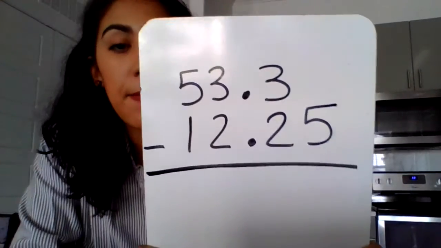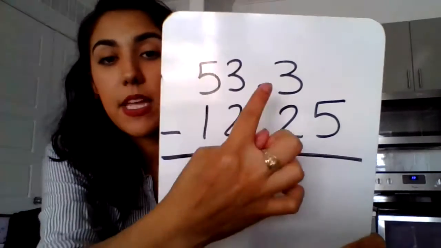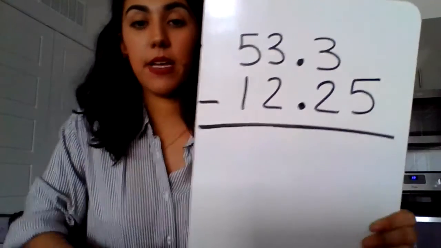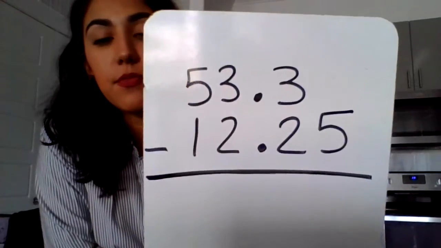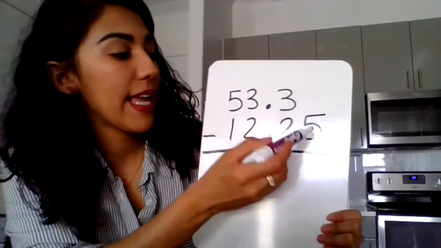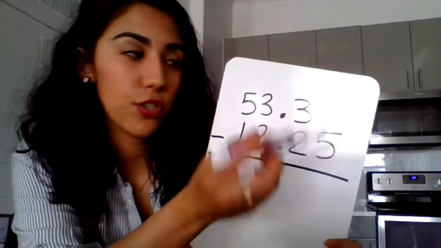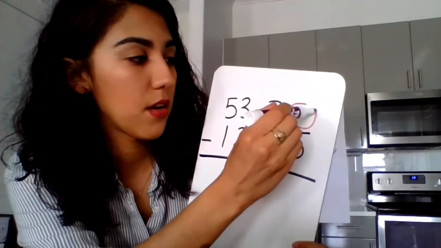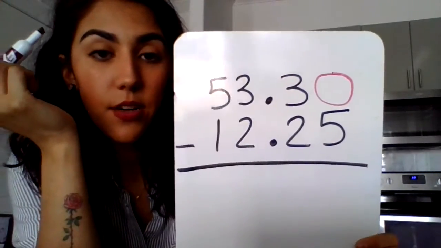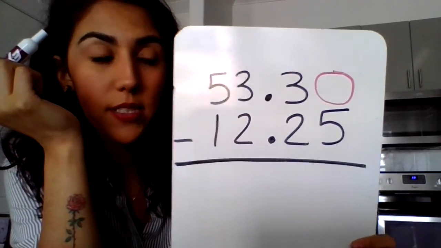My top number is always the bigger number, and then I'm making sure to line up my decimals like the buttons on my shirt. Okay? Now let's start. Well, I can't subtract 5 from nothing, so I'm going to put a placeholder 0 there. And that's okay. You can add a 0 behind a number. Now we can subtract.